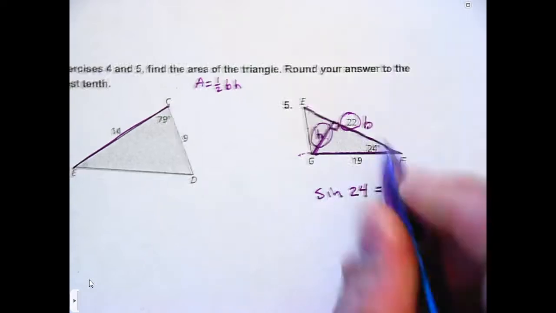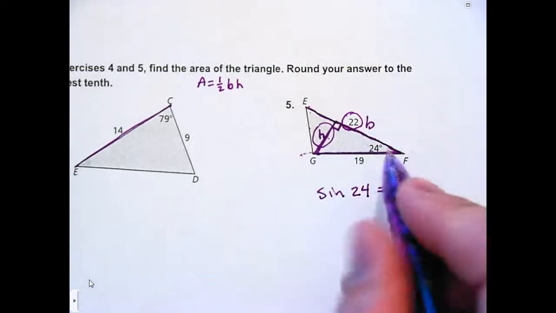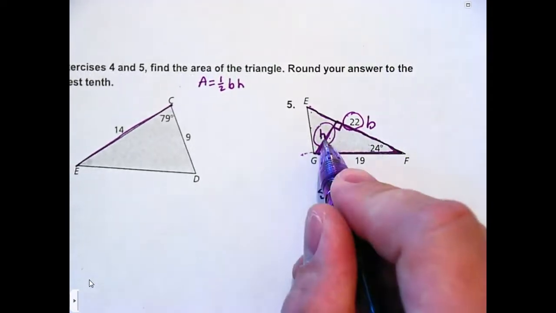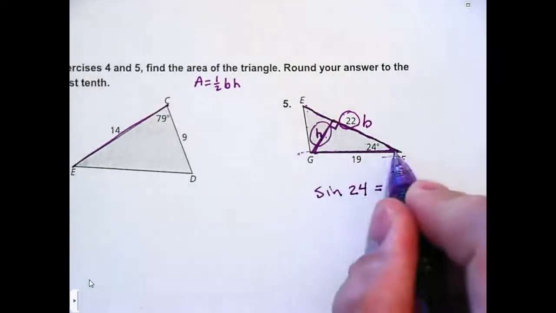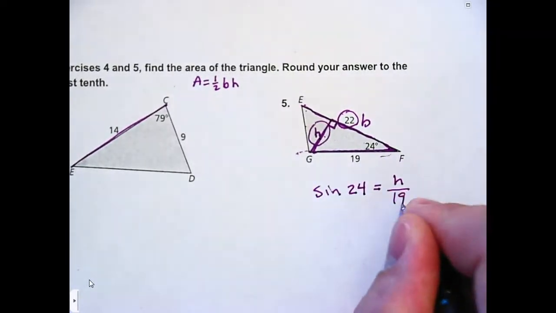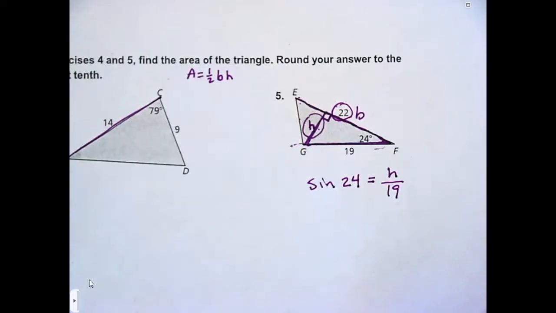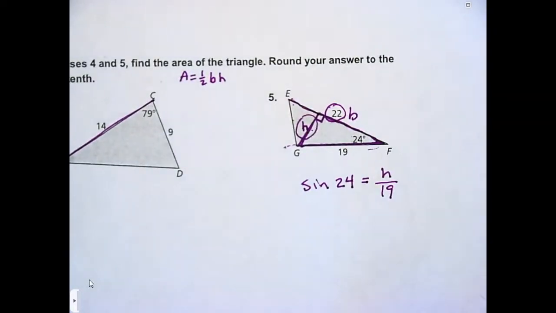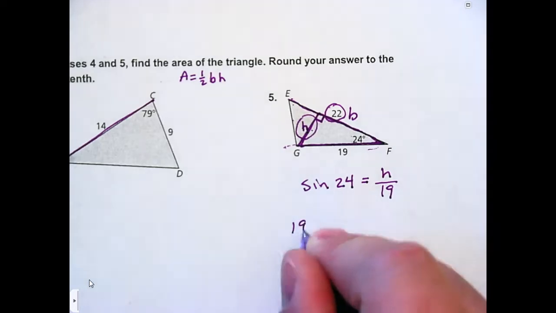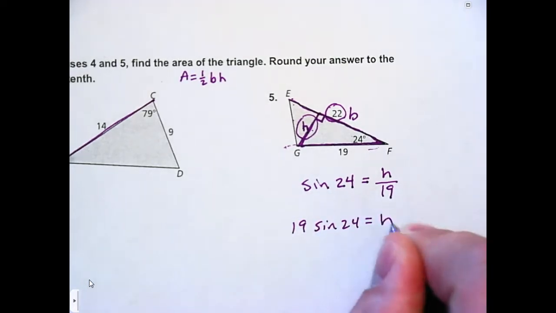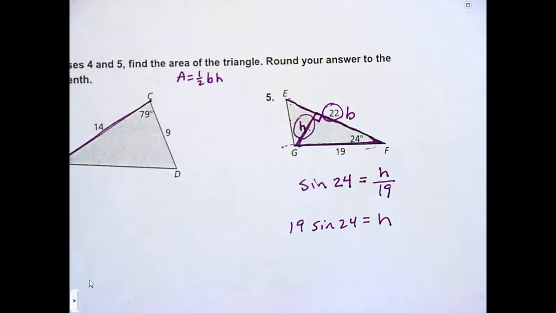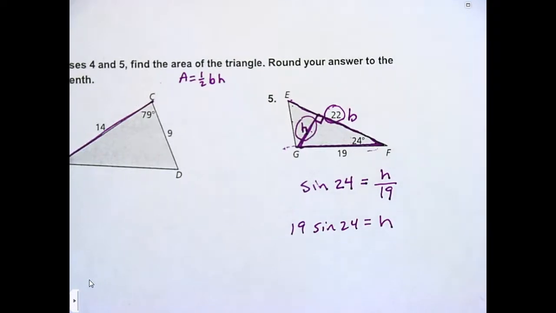So sine 24 is going to give us our opposite side, which is h, over the hypotenuse, which is 19. Wait, was I right? You guys think? Can we find h using that? Yeah, we can go 19 sine 24 is equal to the height.